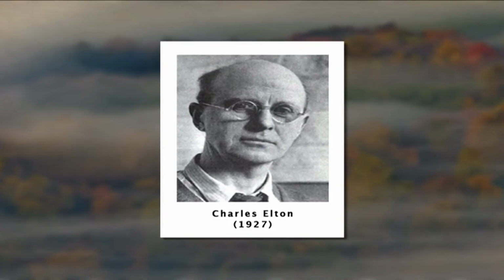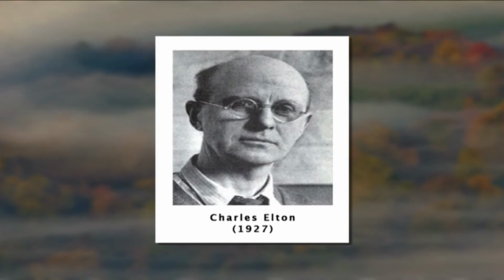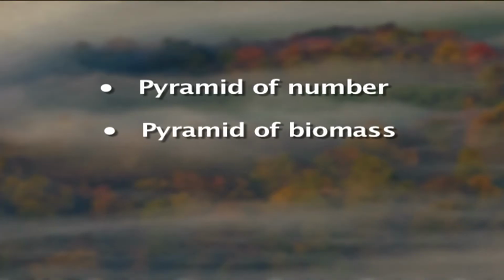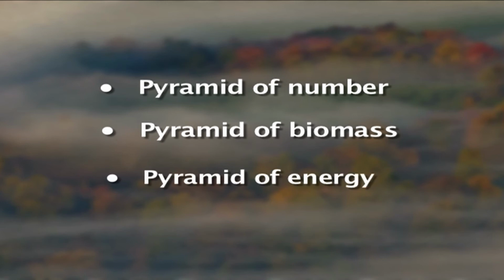The use of ecological pyramid was first described by Charles Elton in 1927. There are three types of ecological pyramids, namely pyramid of numbers, pyramid of biomass and pyramid of energy.